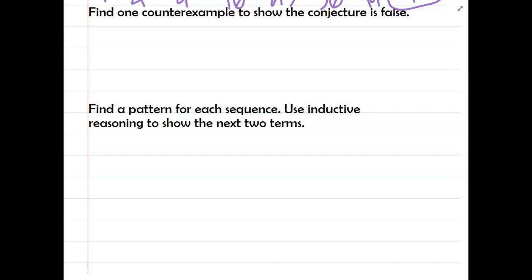So maybe I'm like, hey guys, I'm a genius. You guys already know that, but I got a conjecture for you. Here's what I've observed. Watch this. This is what I wrote down.